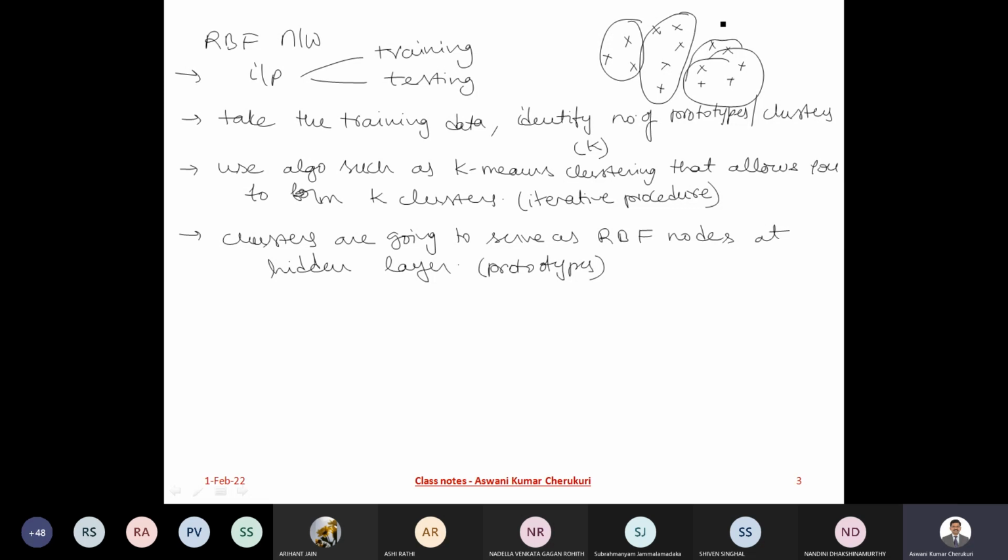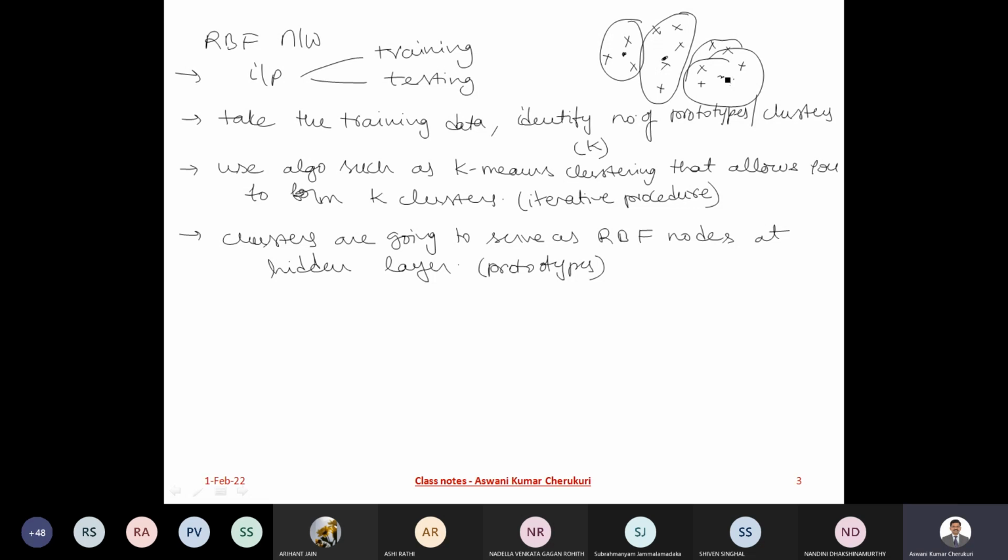For that purpose, it will initially choose a random cluster center. Of course, if you notice, for these 3 clusters you may have the cluster centers somewhere here. But initially it chooses a cluster center randomly, and through an iterative procedure it identifies finally what the exact cluster center is. So that is the K-means clustering algorithm.